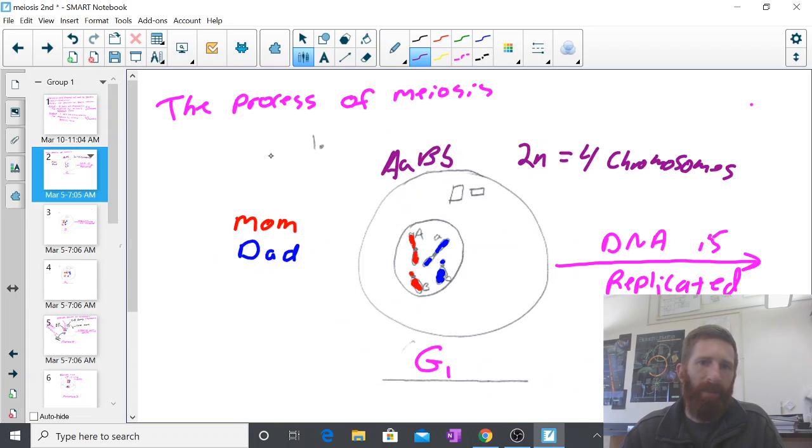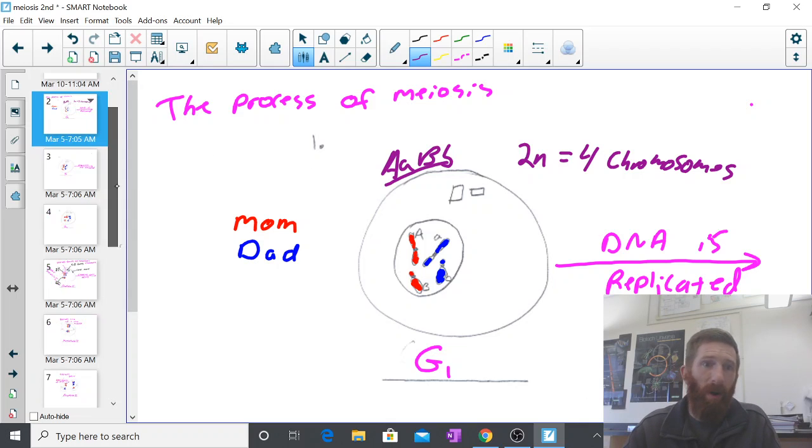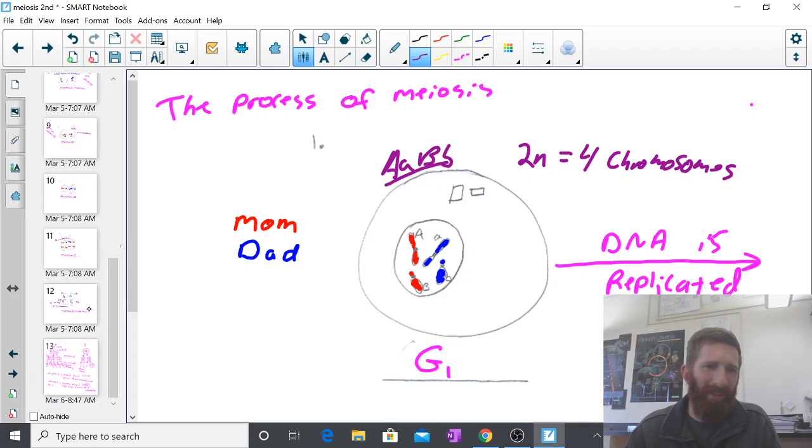If you remember, that's exactly what we would do if we were doing a genetic problem and we had to FOIL this genotype, right? We would do the first letters, so big A, big B, and then FO, the inside letters, so little a, big B. FOI, we do the outside letters, so big A, little b. And then the last letters, we do little a, little b. So we'd have our 4 different possibilities. This is why, ladies and gentlemen, this is so cool.